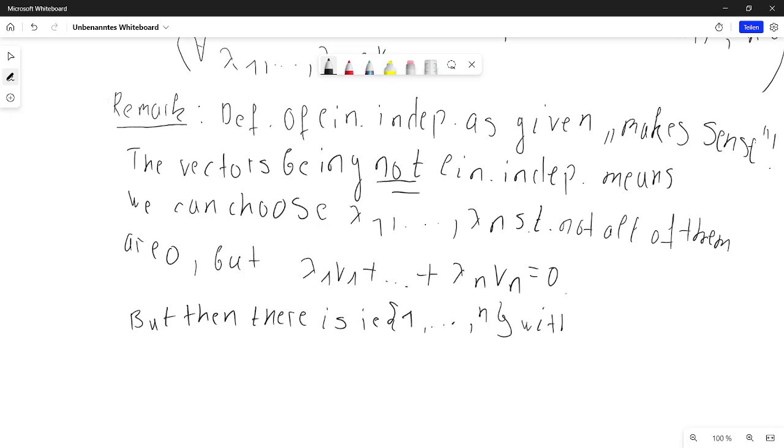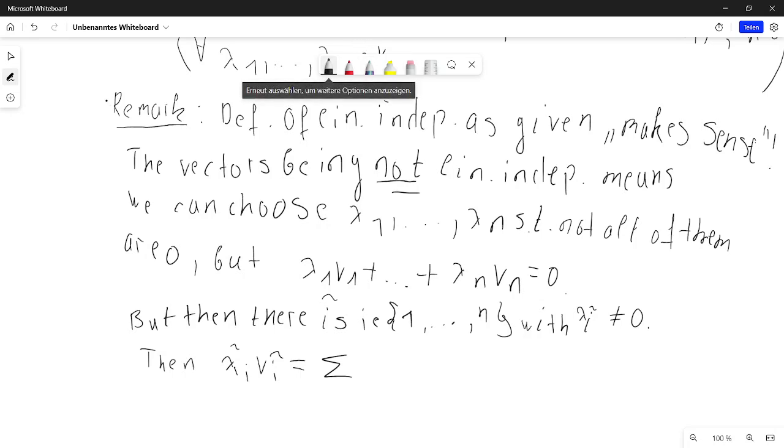Let's call it i tilde, with lambda with index i tilde not equal to zero. Then lambda i tilde times the vector i tilde is equal to a sum. Let's not confuse ourselves additionally.